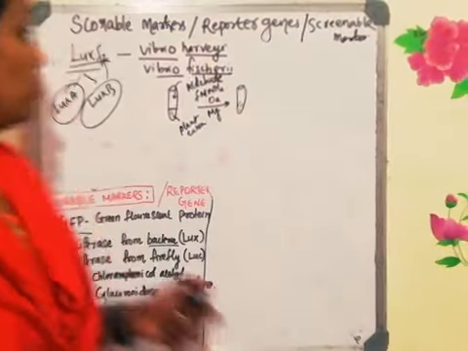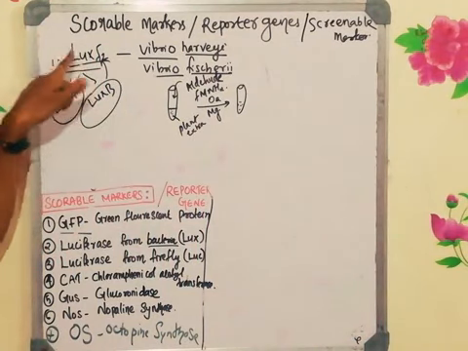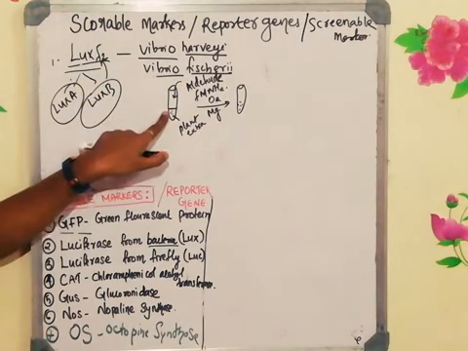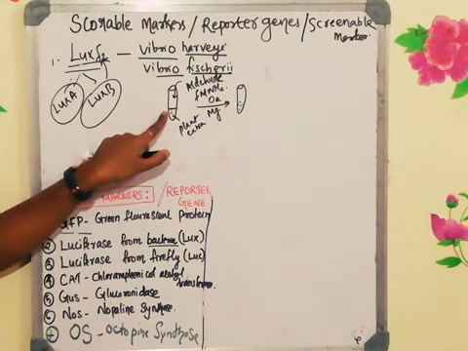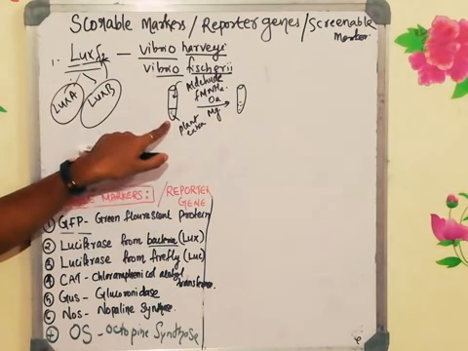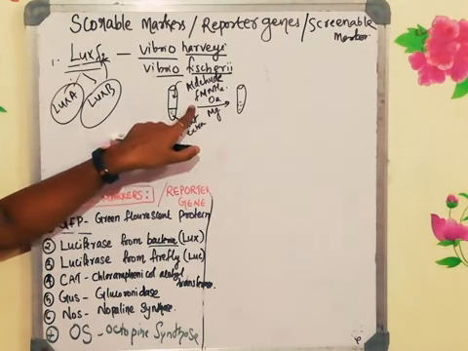What enzyme are we looking for? We are looking for the luciferase from the bacteria, which we have used as the scorable marker. If the plant has taken up the foreign DNA and the marker, the plant extract will have the enzyme. Into that test tube, you need to add aldehyde and reduced flavin mononucleotide.